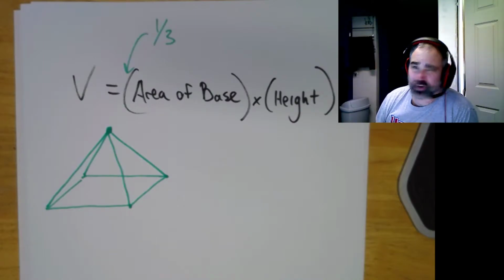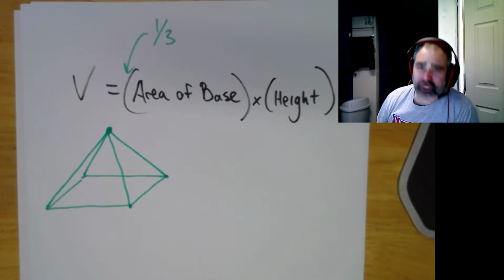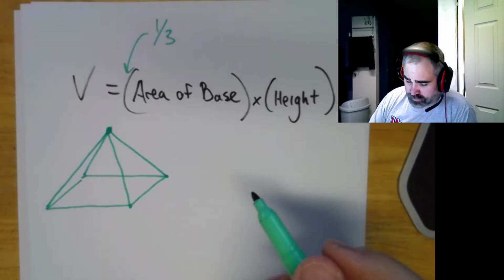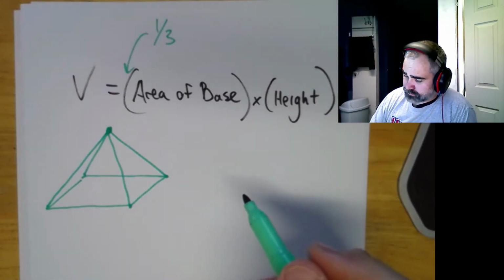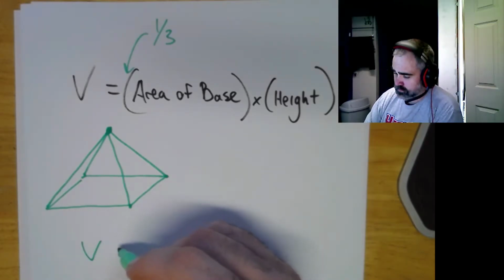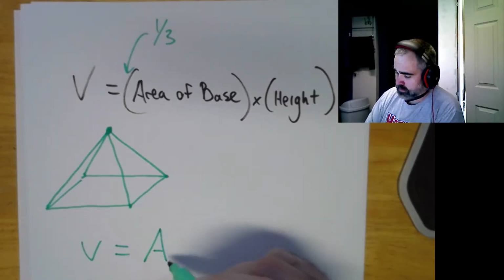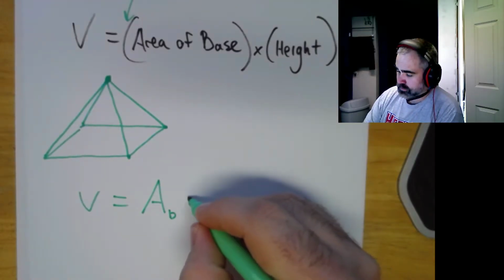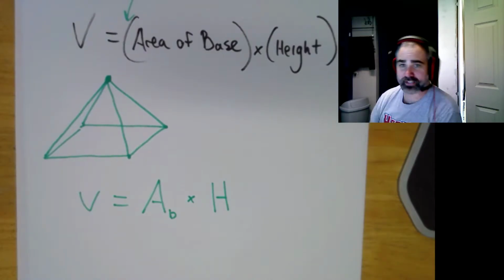So if you're not drawing diagrams as well, please do that. It's really, really helpful. Okay, so we know that the entire volume of this, because remember volume, is the area of the base. I'm just going to put a little subscript there, times the height. So let's see what we know.